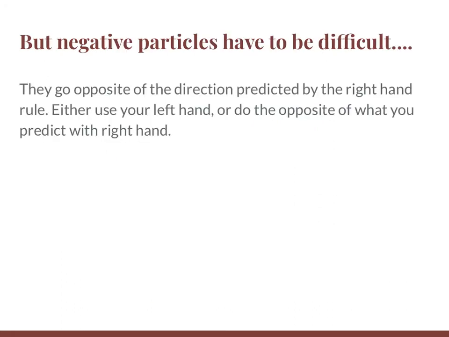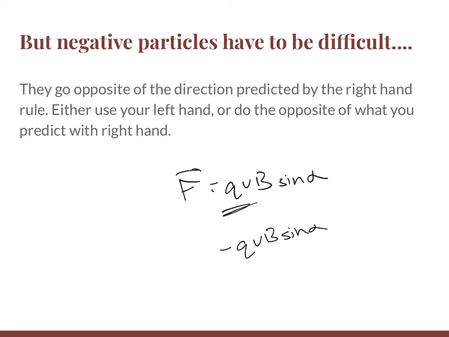However, because things have to be difficult, this only applies to positive particles. So you'd say force equals QVB sine alpha. Using that for directions only works when Q is positive. If Q is negative, it goes the opposite direction of what you would expect. Or you could just include that negative there, say it's negative QVB sine alpha equals force, and then the force would end up being negative, which would mean it's going the opposite direction of what you expect.